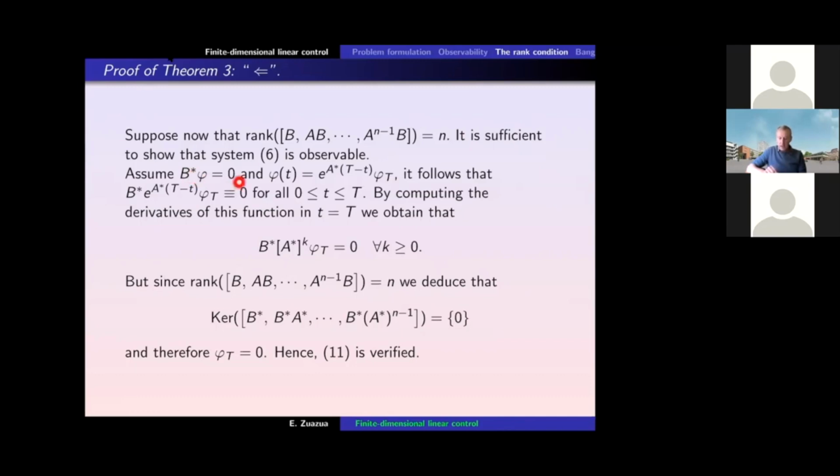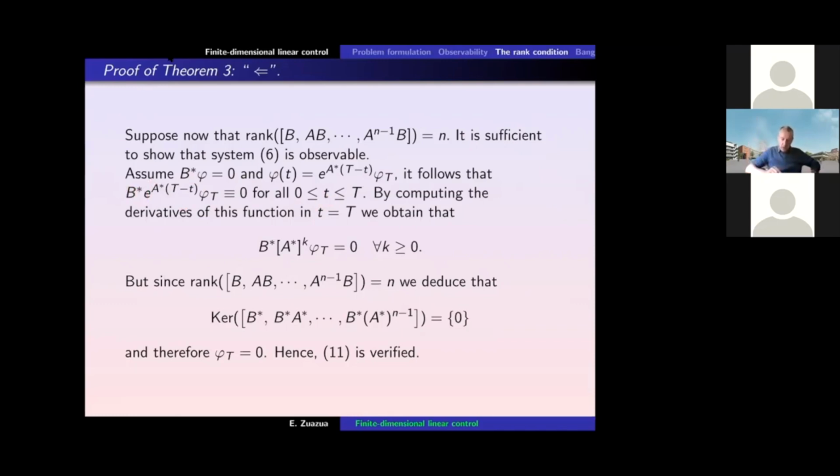How does phi look? Well, phi is a solution of the adjoint ODE, so it takes this form. Therefore, it means that B star e^{A star (T minus t)} phi T is equal to 0 for all t. Let me compute the value of this, the projected trajectory at t equal capital T, and all the consecutive derivatives.